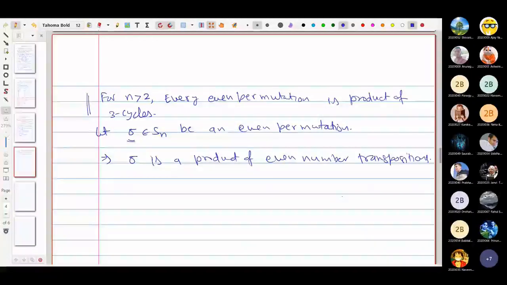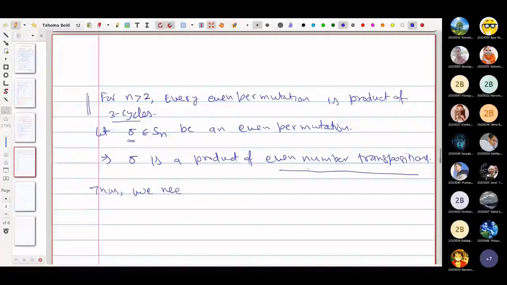All right. So it means what? Sigma is a product of an even number of transpositions. It means that a product of an even number of transpositions can be written as a product of 3-cycles.